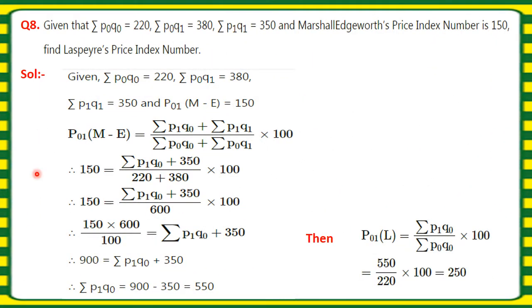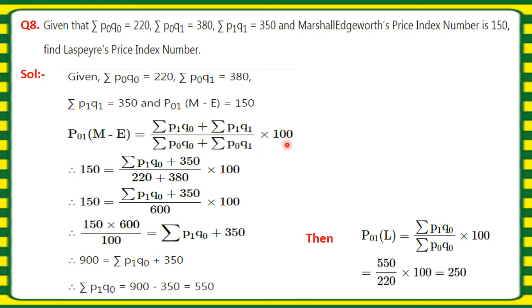Question number 8. Given that sigma P0 Q0 is equal to 220, sigma P0 Q1 is equal to 380, sigma P1 Q1 is equal to 350 and Marshall-Edgeworth price index number is 150. Find Laspeyres price index number. Now given quantities are written first, then we know the formula P01 of ME, that is Marshall-Edgeworth price index number, is equal to sigma P1 Q0 plus sigma P1 Q1 divided by sigma P0 Q0 plus sigma P0 Q1 into 100.